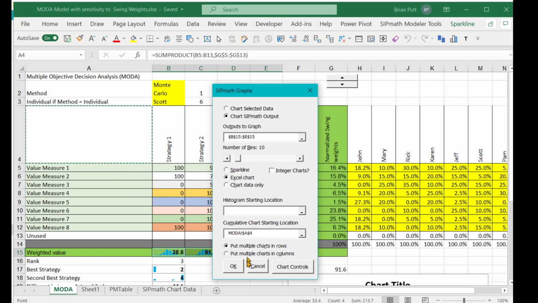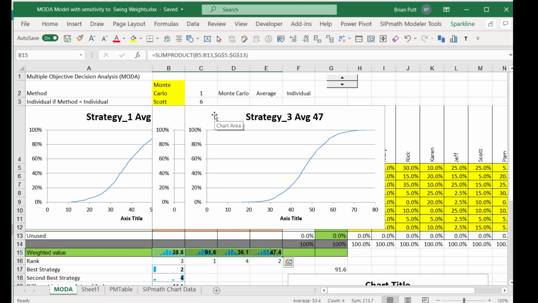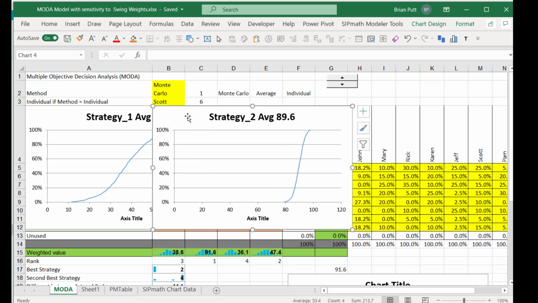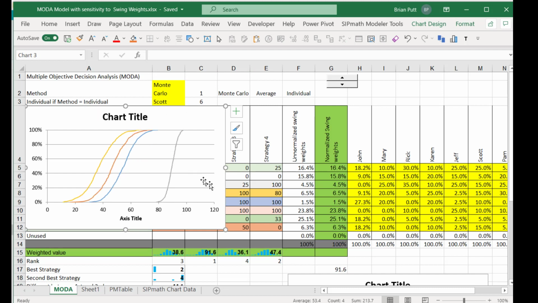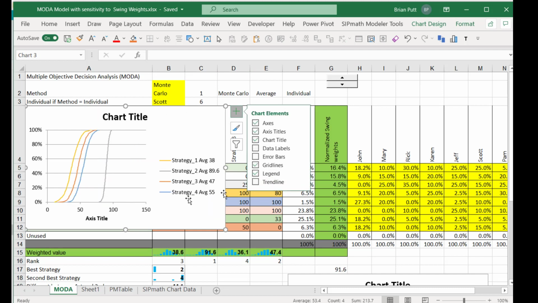Let's do it right here. And then we'll combine those. Control X, Control V, and so on for each. And now we add the legend here.